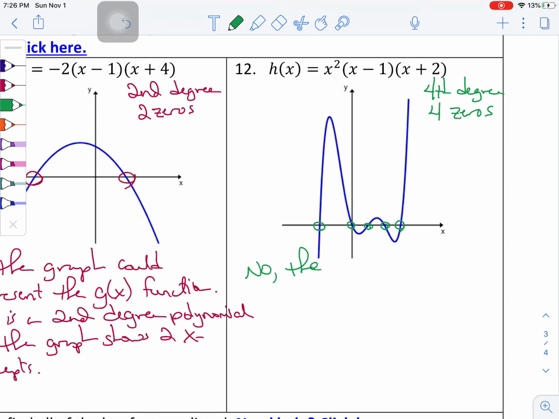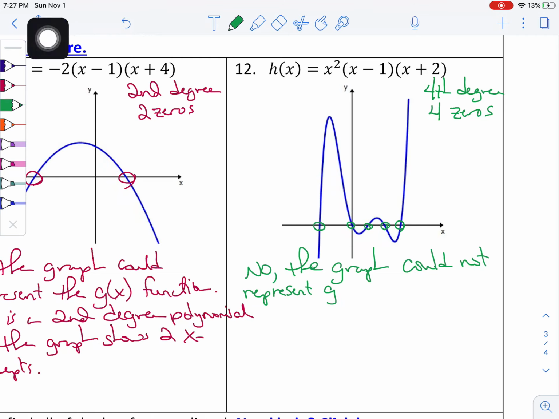All right. No, the graph could not represent h, I'm going to get the right function name here eventually. In this case, it's h of x, all right? H of x, I'm going to get it right.